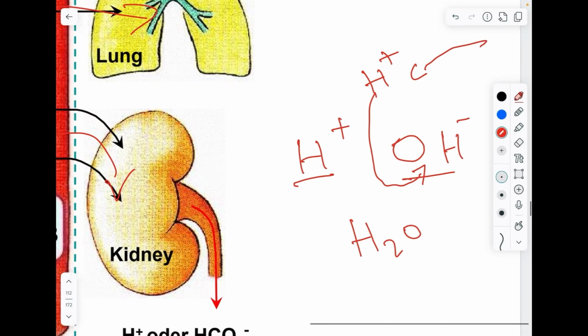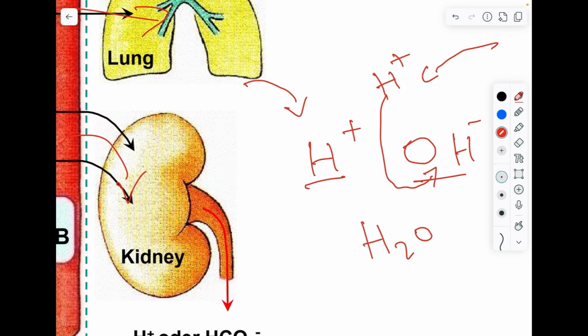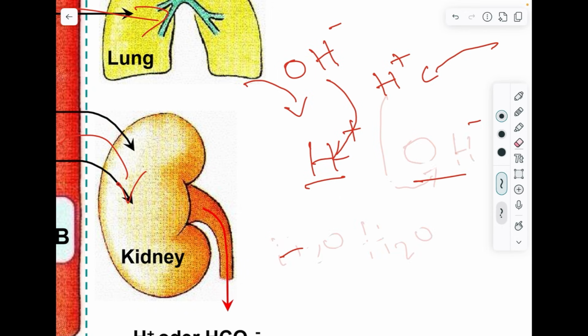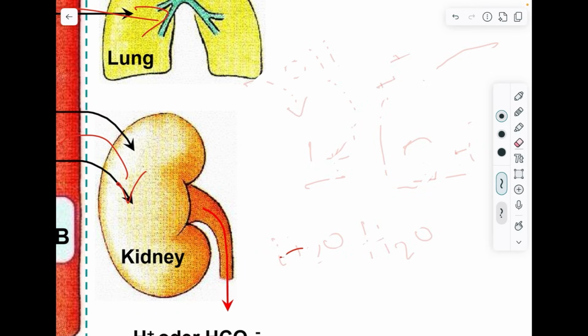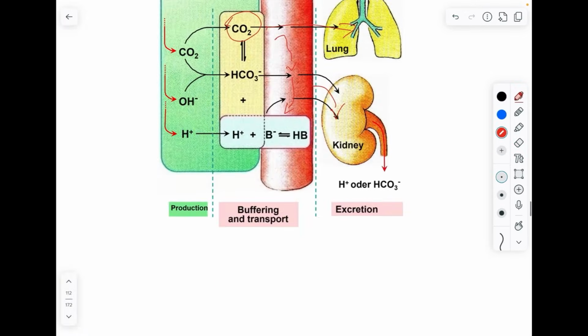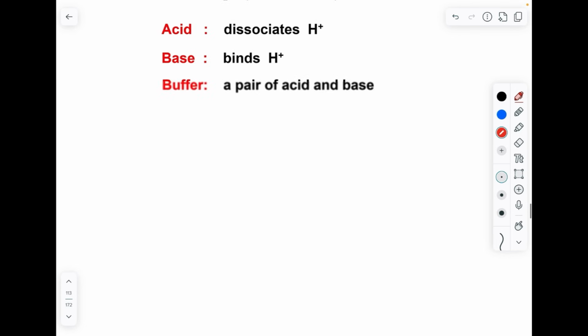It's not harmful. If we were to add a base, it will be bound by this, and it will also form H2O, and that's not dangerous for the pH. So this is how buffers work. Of course, it's not just H and OH, it's more than that, but this is so you can understand.